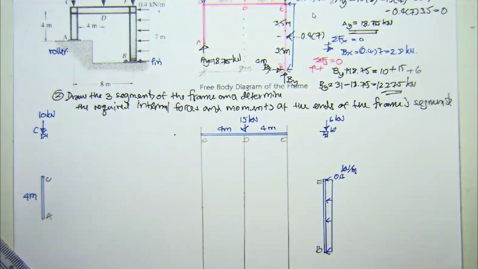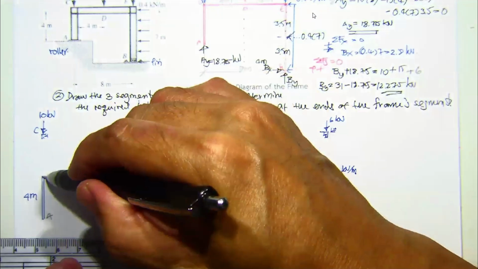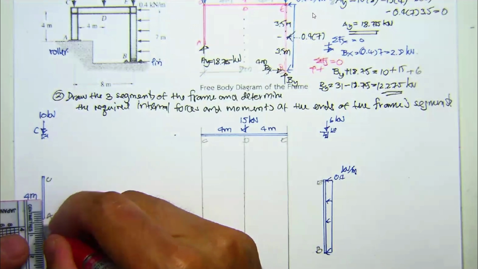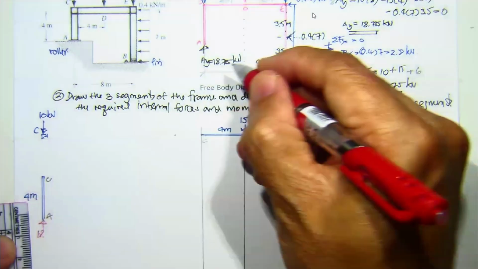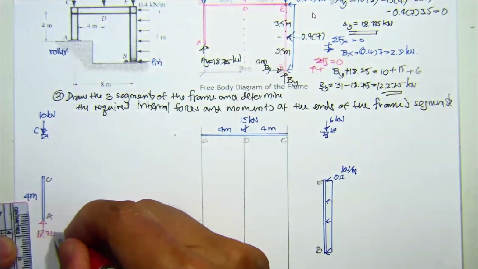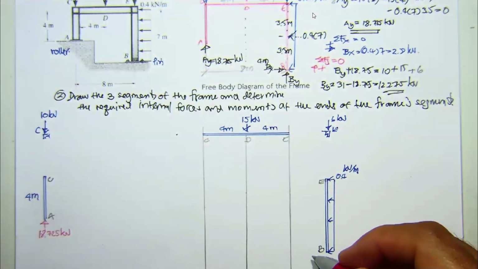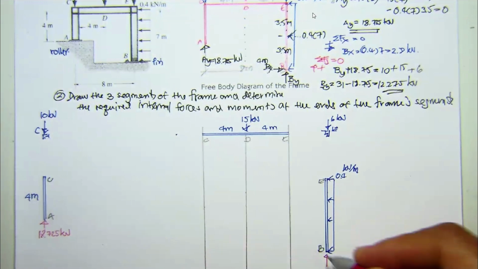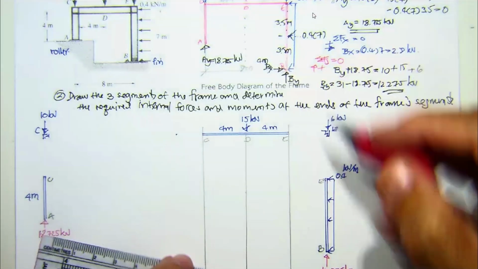Okay. Now we start our calculation. But before, don't forget about the reaction. Okay, you know the reaction now. This is 18.725 kilonewton. And also for this one, we have B sub y as before, 12.275 kilonewton, and B sub x over here.